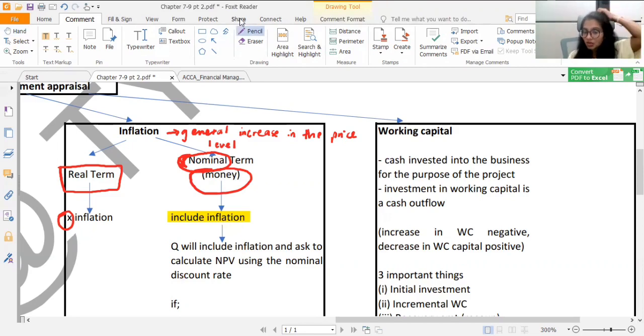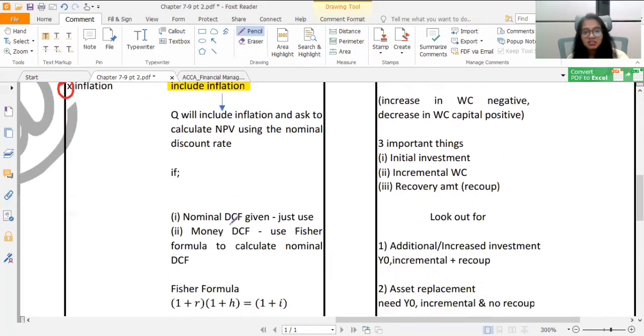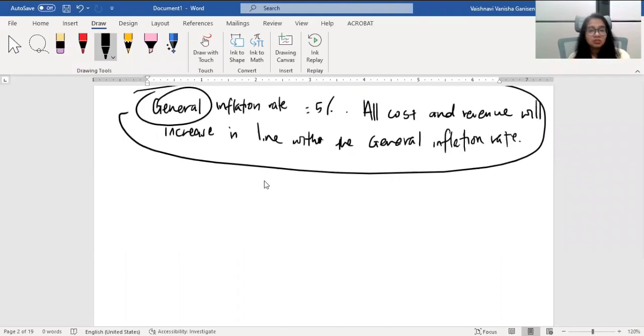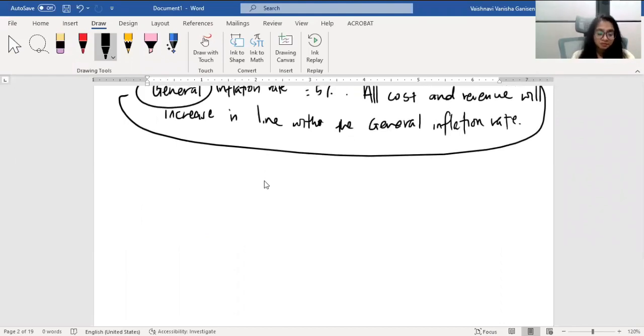Okay, guys, now you must be careful because there must be consistency in your answer. Okay, if your examiner requires you to inflate all your cash flows, you would also need to ensure that the discount factor that you use is an inflated discount factor. So please continue to write your notes here.